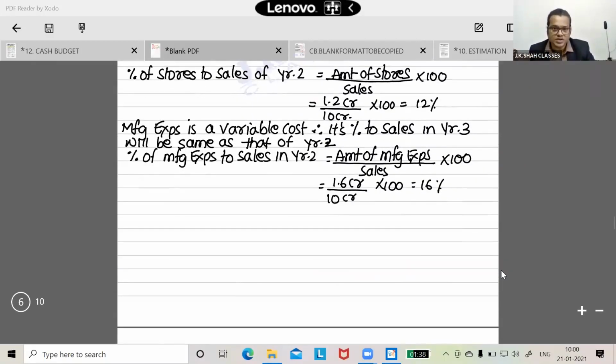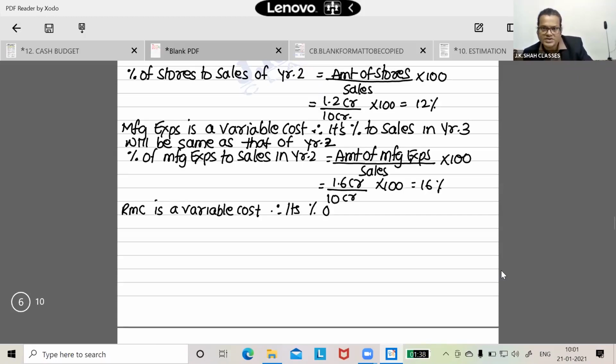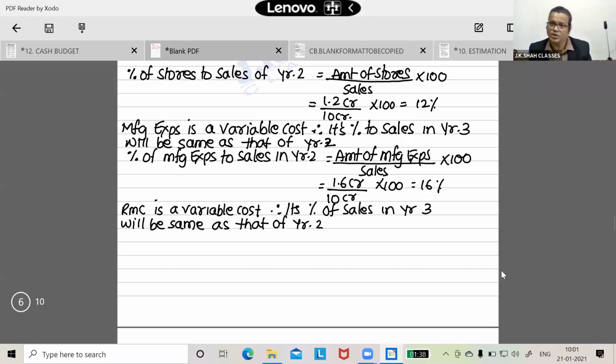So what we would say over here, raw material consumed is a variable cost. Therefore, its percentage to sales in year 3 is the same as that of year 2, correct?